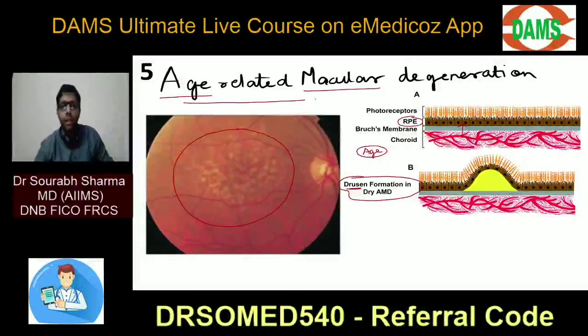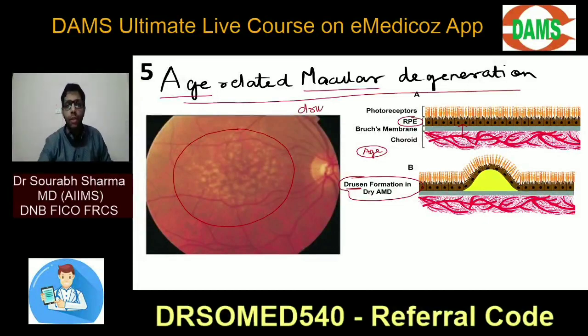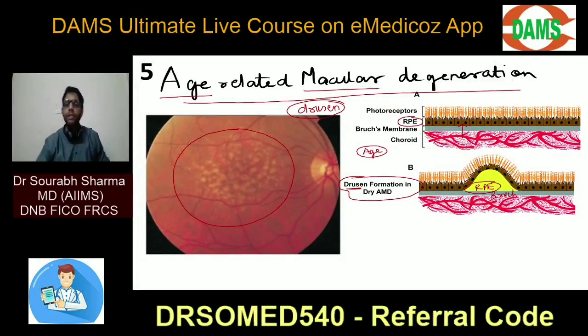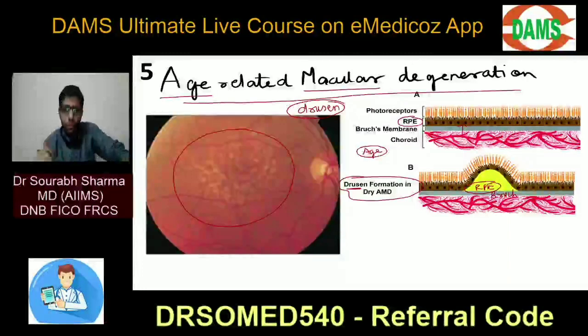That is why it is named age-related macular degeneration. Drusen are deposited mostly in the retinal pigment epithelium layer, under the RP layer in the Bruch's membrane.